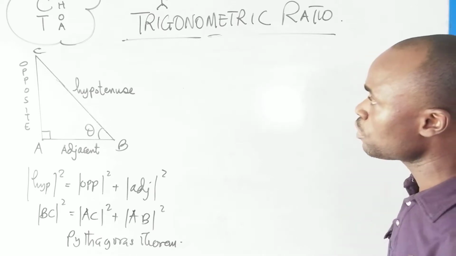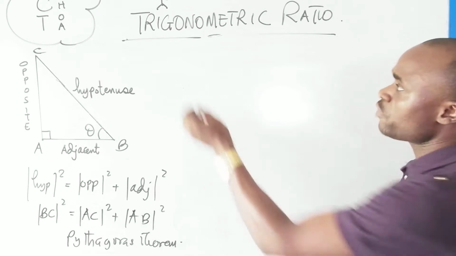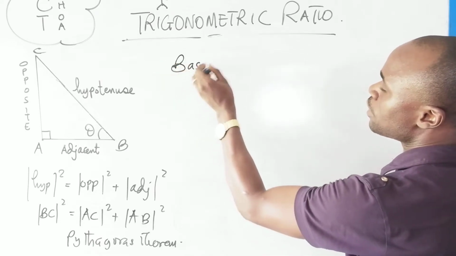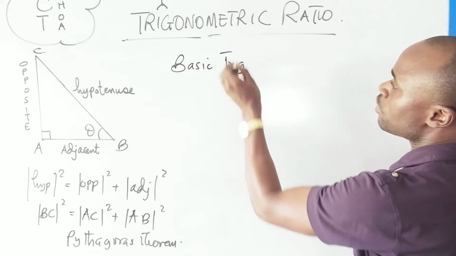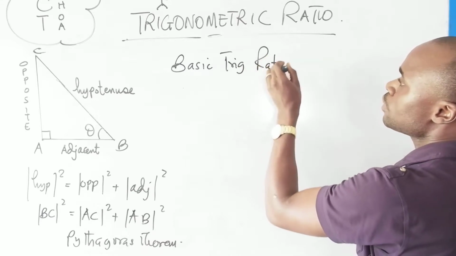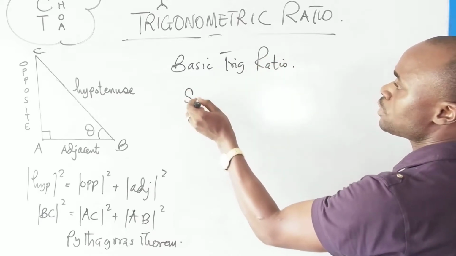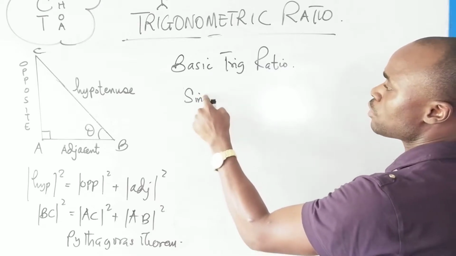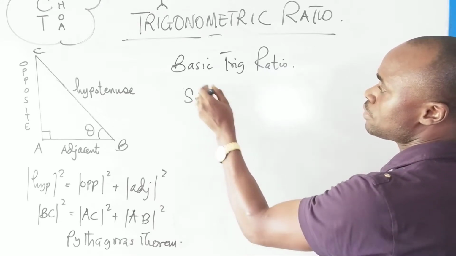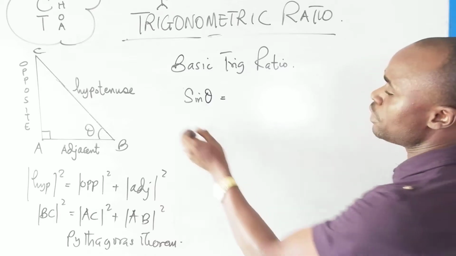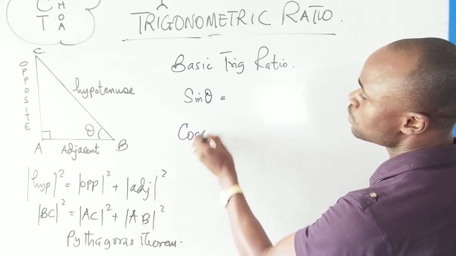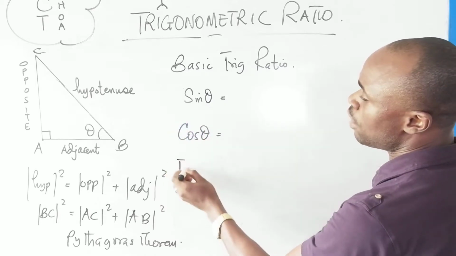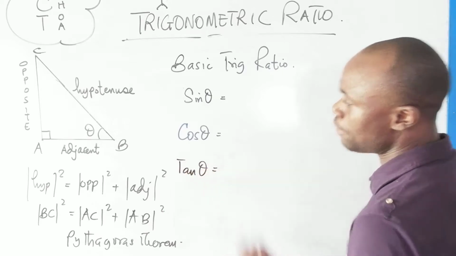The basic trigonometric ratios are what we call the sine theta, which I can shorten as sin theta. We also have the cos theta, and we also have the tan theta.